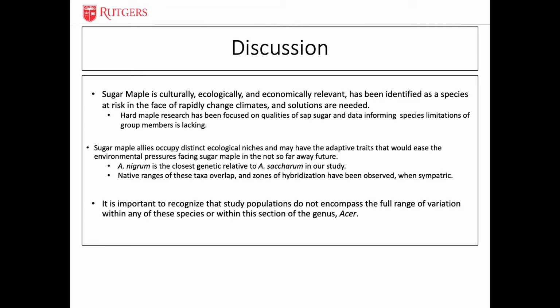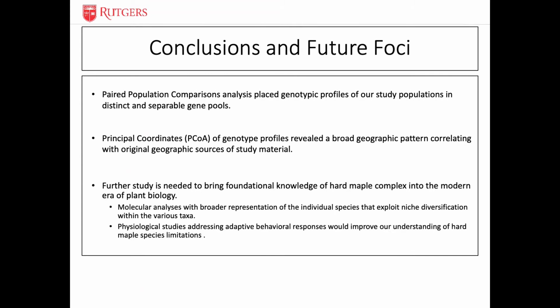I would like to point out that the study groups do not represent the full extent of variation within the hard maple species complex, these species, or this section of the Acer genus. Conclusions of this study were that genotypic profiles of study populations place study groups in distinct and separable gene pools, and that the principal coordinates analysis showed a geographic pattern that correlated with provenance of study species.